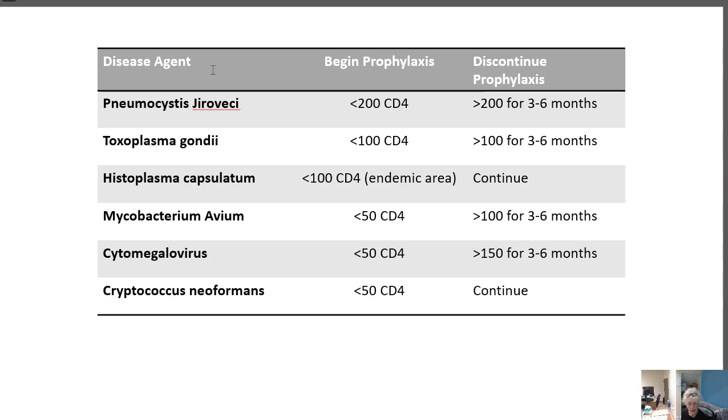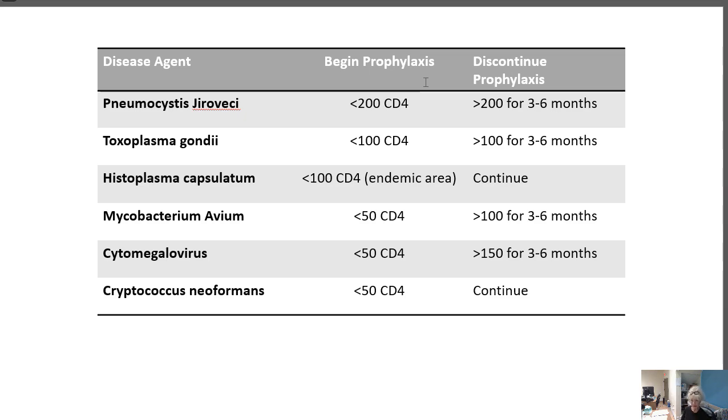So if we take a look, these are some of the diseases that people with AIDS get once their CD4 levels drop below 200, and it's pretty serious. Normally, you and I will get these if we have healthy CD4 counts above 500, normally we are able to fight off many diverse, very odd diseases. But Pneumocystis jirovecii, we start prophylaxis, we start treating with TMP-SMX, usually at less than 200 when the CD4 count drops.